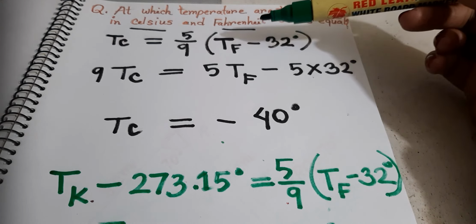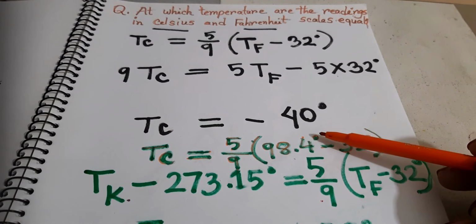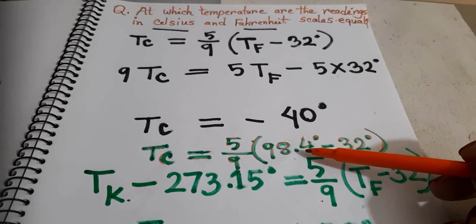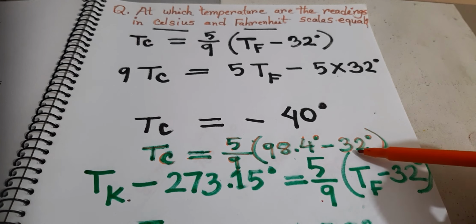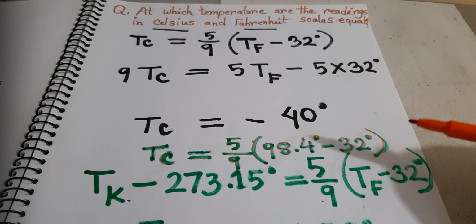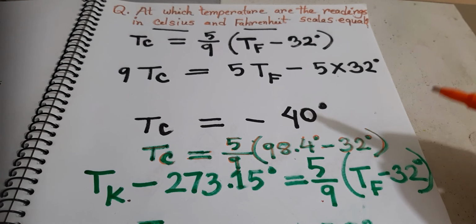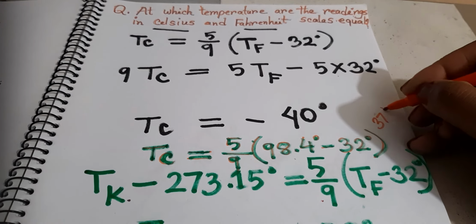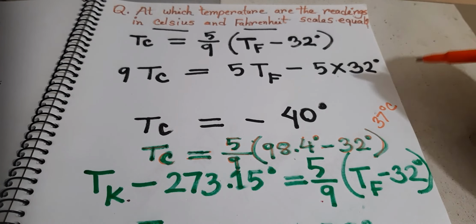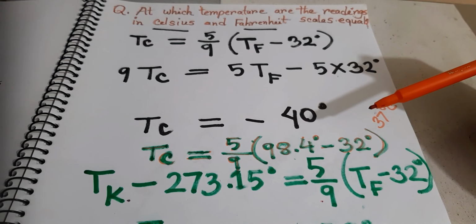We just write it and calculate, then we get 36.89 degrees Celsius, which is nearly equal to 37 degrees Celsius. That is the temperature in Celsius. So we can convert it if we know the formula, we just apply it.